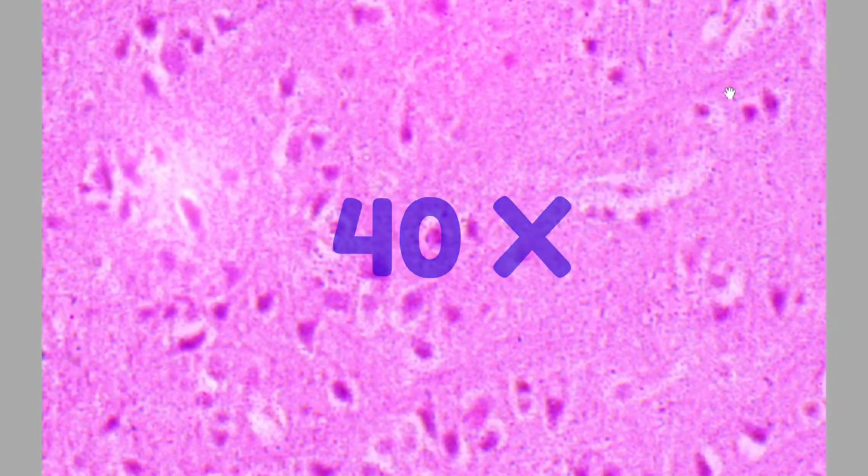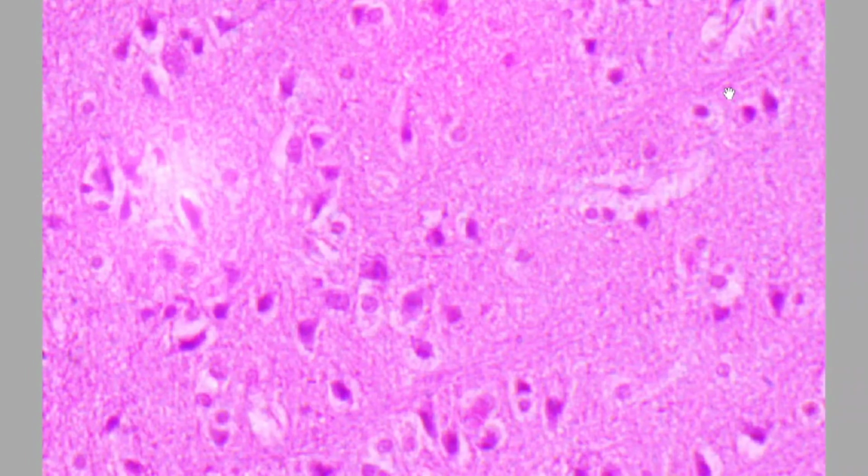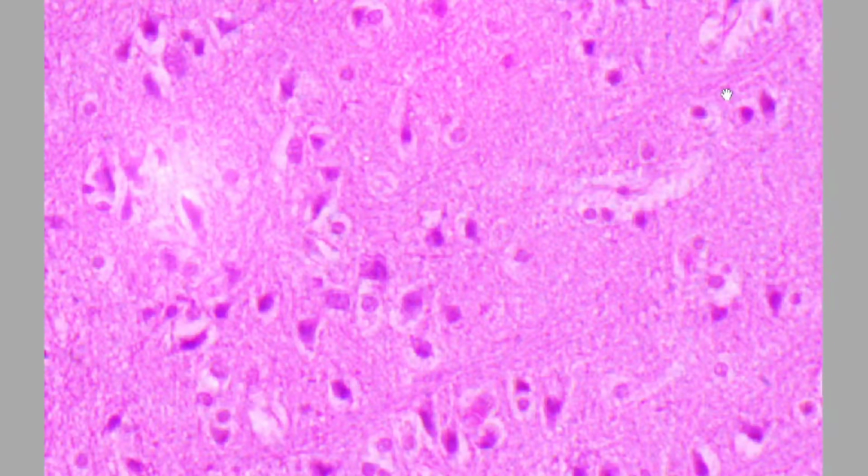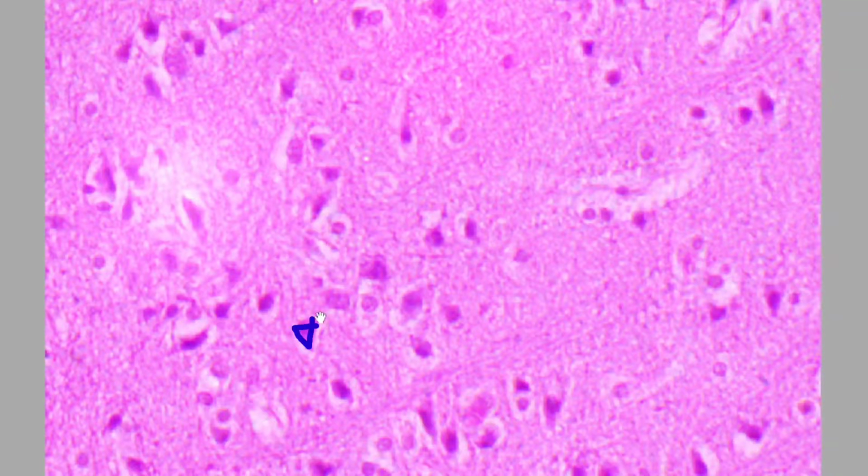Now when you are seeing these cells under 40x, my dear students, you have to identify that these are the multipolar neuron. As I already told you, these cells are triangular. So their body, this is the one triangle which is visible here.